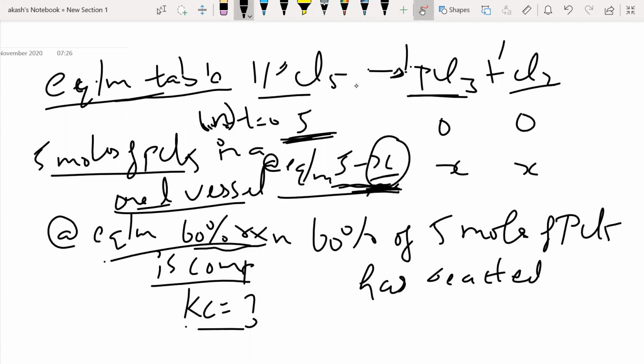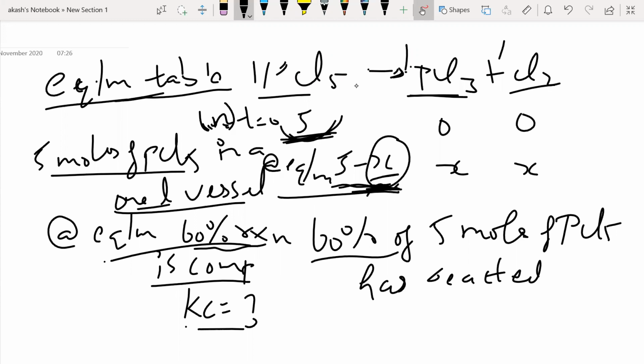That is what is given in the question. They say that at equilibrium, 60% of the reaction has been completed. That means initially I had 5 moles. Out of these 5 moles, 60% of them would have been converted to products. So obviously, what is 60% of 5?